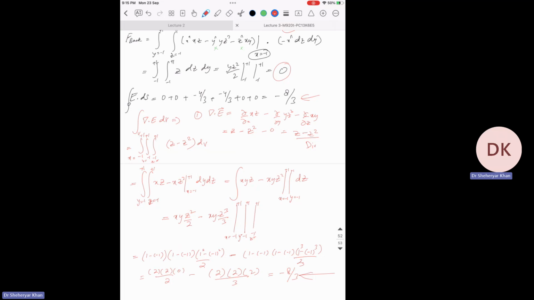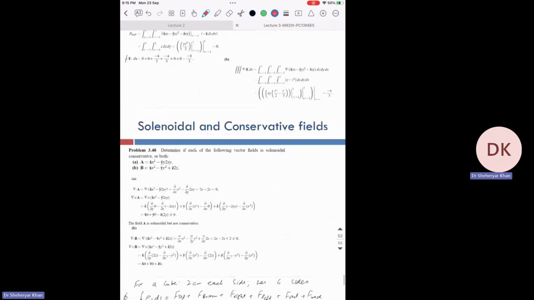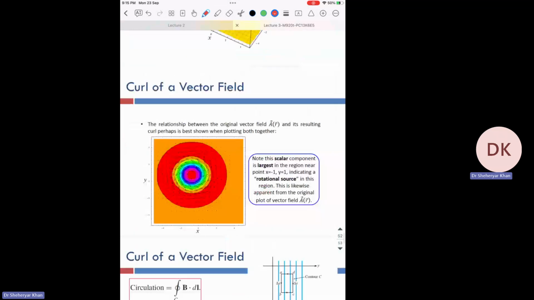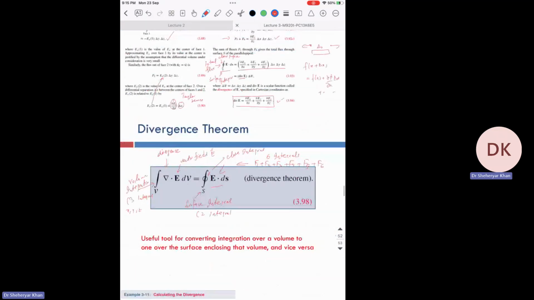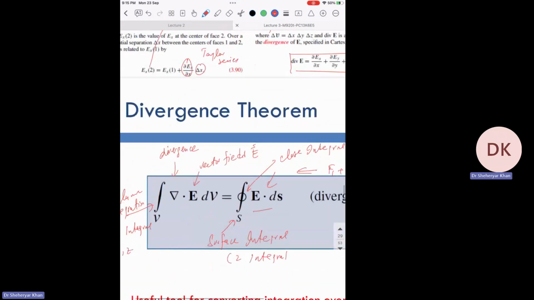So why am I doing this? Because I want to tell you that divergence is so powerful. So divergence of a vector is easier.